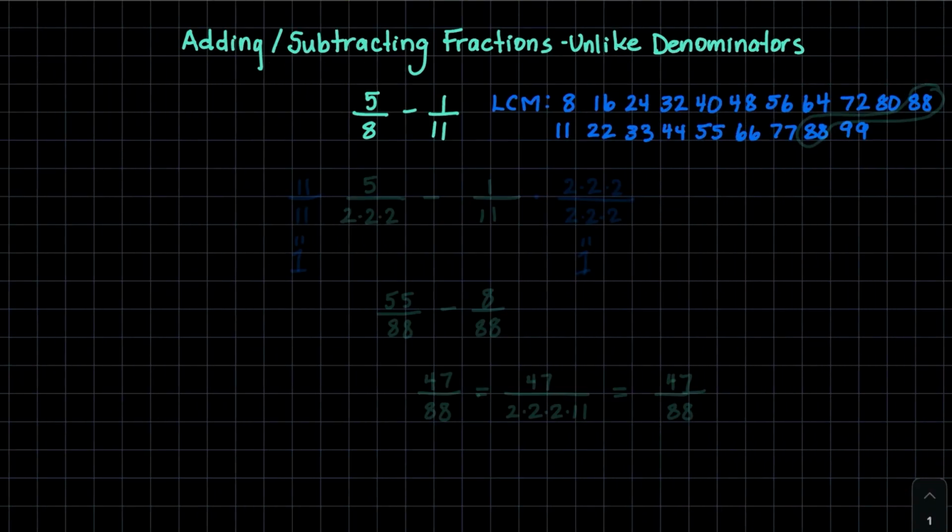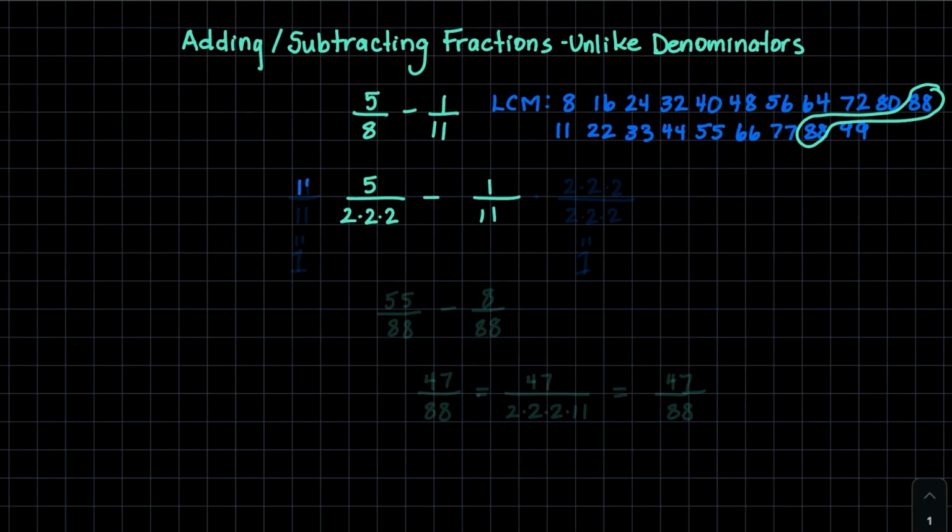We've reached our last example, 5/8 minus 1 over 11. I've listed out our multiples of each, and the least common multiple is 88. So we're going to rewrite 8 as 2 times 2 times 2, and 11 is prime, so it stays 11.